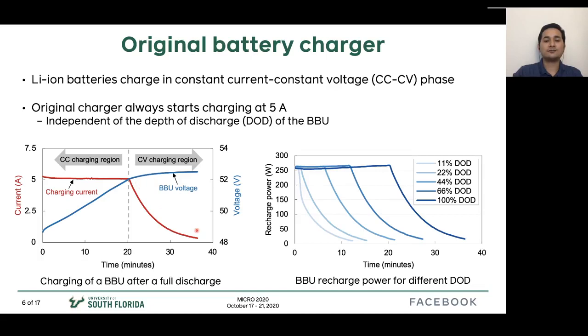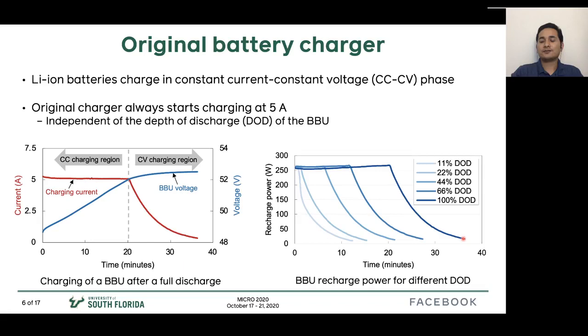If we look at the power profile of this, it would look something as shown in the graph on right. The constant current phase has almost constant power, while the power decays in the constant voltage phase until the battery is fully charged.